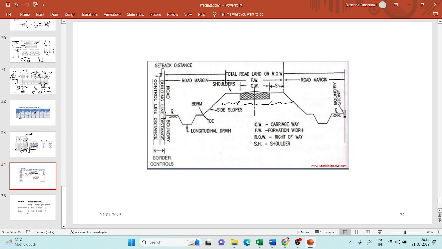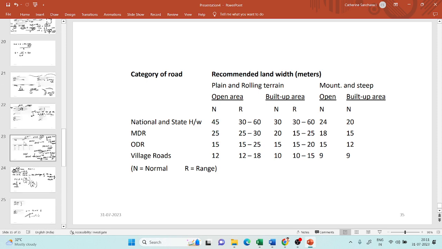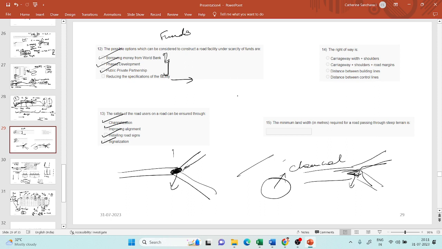And there is a road margin which is also occupied along with the acquisition of this road land for future expansion. So all this together will make up for what is called right of way. So the solution to this problem is carriageway plus shoulders plus road margins.